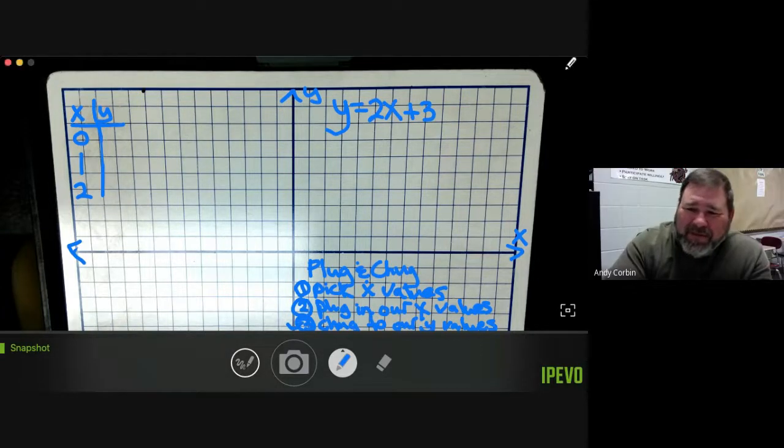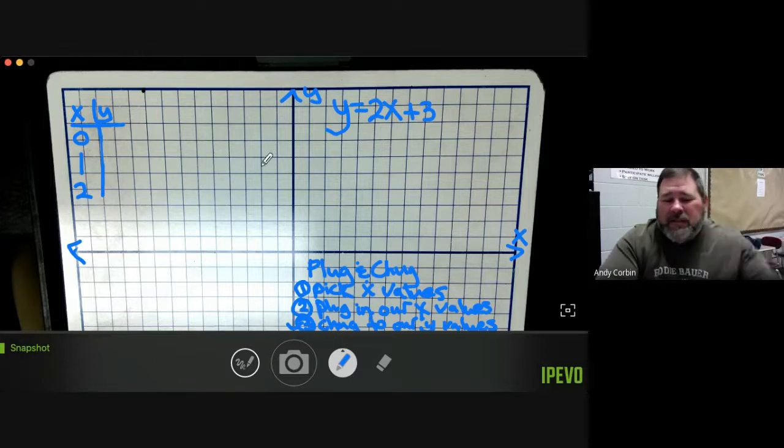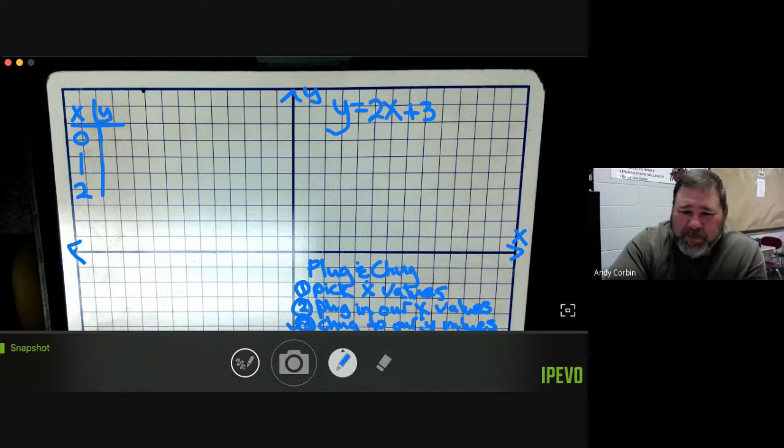I don't either. Okay, did you guys come up with something here? All right, so again, we picked our x values, 0, 1, and 2. Okay, and so I'm going to test each one and find out what the y is that matches with it. So let's do that with the 0. What does a number against a variable mean?